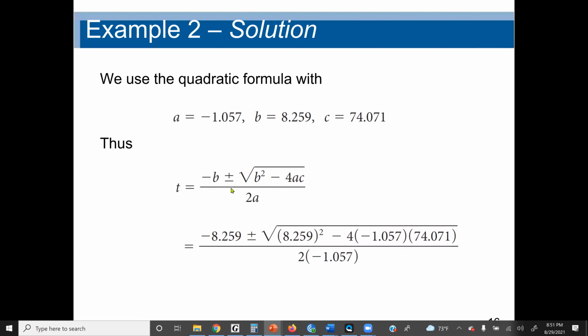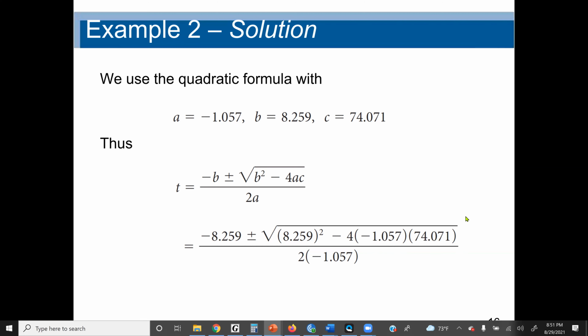So b is 8.259, and we have b squared, so 8.259 squared, minus 4 times a, which is negative 1.057, times c, which is 74.071, all divided by 2 times a. Again, a is negative 1.057.